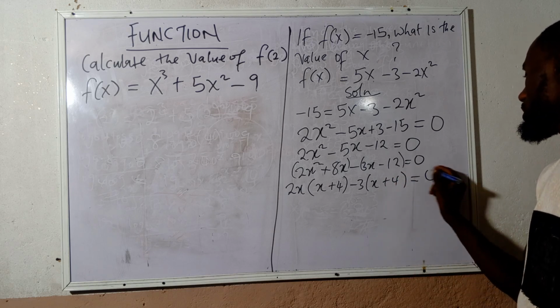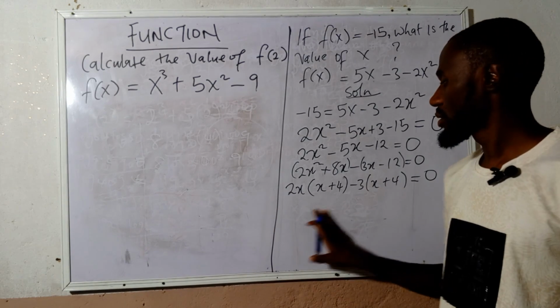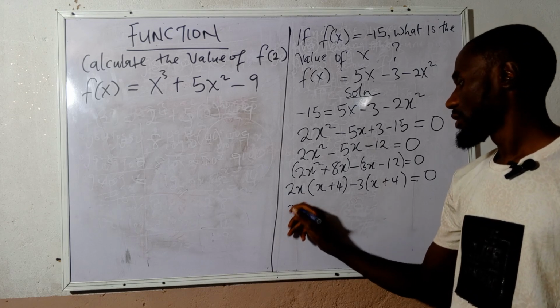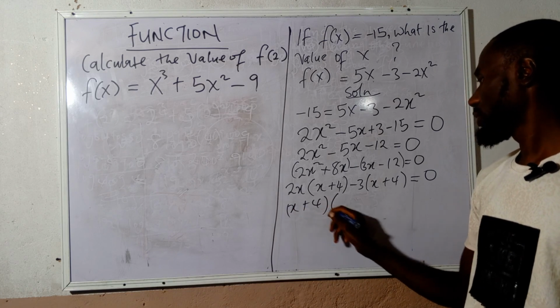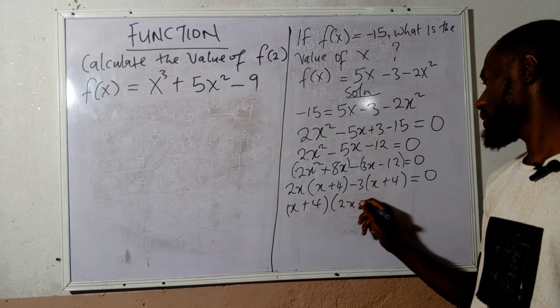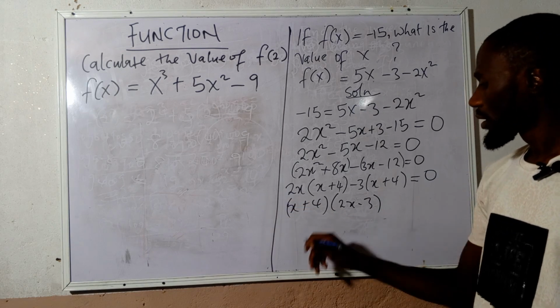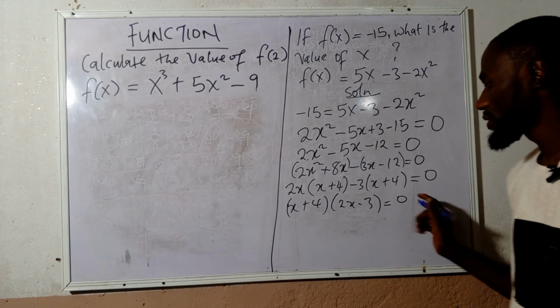This is equal to 0. Since the two brackets are the same, we are going to have x plus 4 or 2x minus 3 is equal to 0.